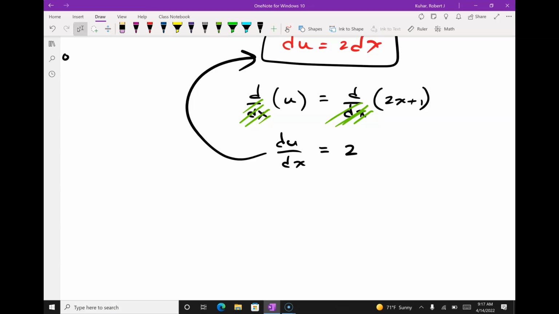I see it on the left. I took the derivative of u. But on the right, I don't see that I took the derivative with respect to x. So we're really taking that derivative here, but need to put on that piece that says with respect to which variable.